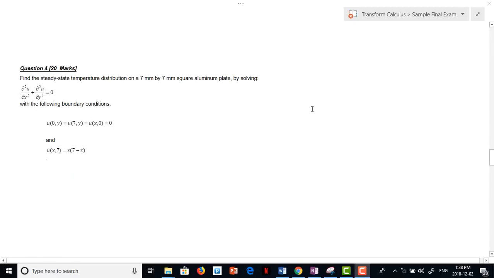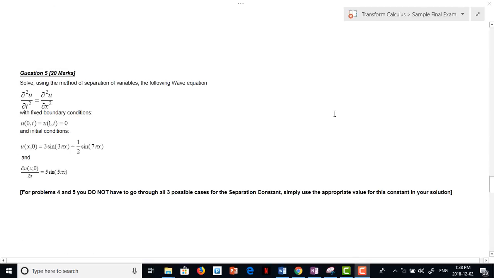Question number 4 has 20 marks, and we have to solve a boundary value problem. Here we have one Laplace equation and boundary conditions are given, so we have to solve this problem. In question number 5, we have to solve one wave equation. Again, boundary conditions and initial conditions are given.